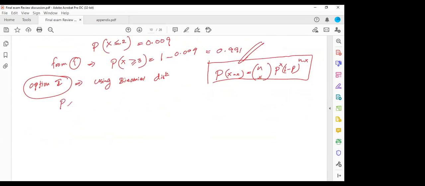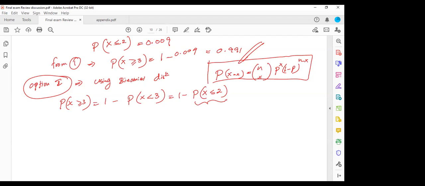Again, you need to find the probability of x greater than or equal to 3, which means 1 minus the probability of x less than 3, the same thing, which equals 1 minus the probability of x less than or equal to 2, because these are discrete values. You can find this piece using the binomial distribution. Less than or equal to 2 means you have to start from 0, 1, 2.